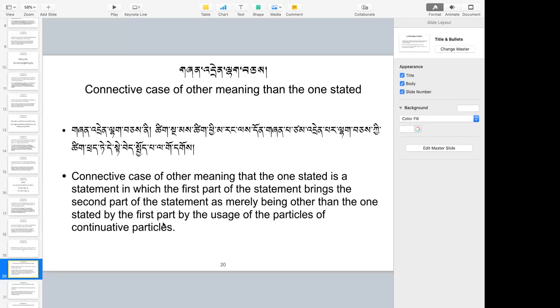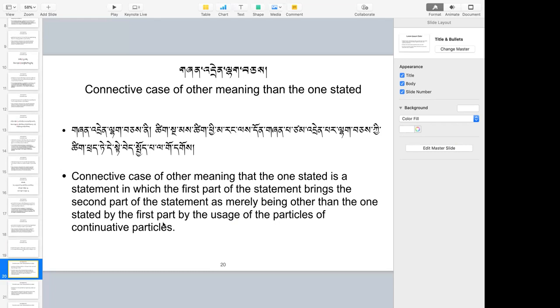The only difference is that the first statement provides a meaning, and then it brings another meaning, that is the second statement. The first and the second statement are just different from each other. That's it. It's not committed to provide anything. It is not acting as a conjunction of two actions. It's simply two different phenomena stated in a statement.